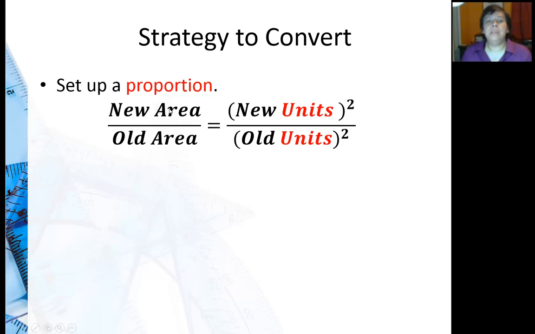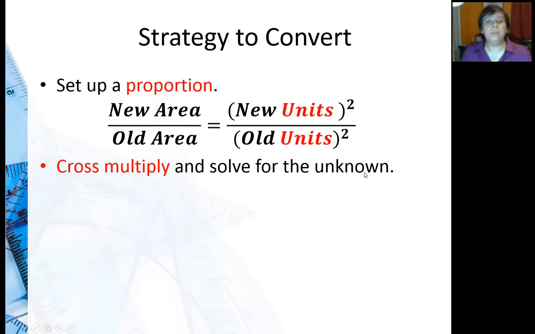So we're going to say the new area, we're going to take the new units and square it, over the old area and the old units squared. Then you cross-multiply and solve for the unknown.